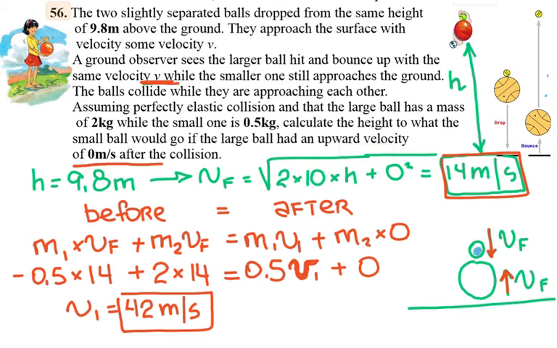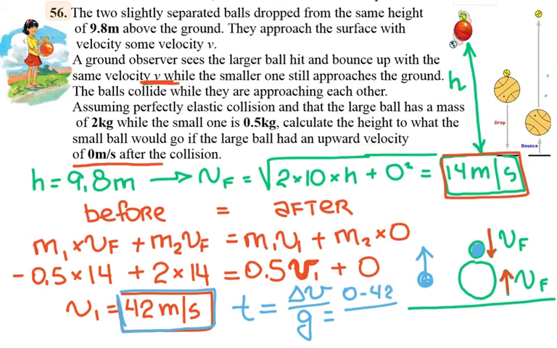The time it takes for the little ball to stop is the change of its vertical velocity over acceleration. Its final velocity when it stops is 0, the initial is 42, and the acceleration is deceleration, so it's -10. That gives me 4.2 seconds before the little ball stops at the top.